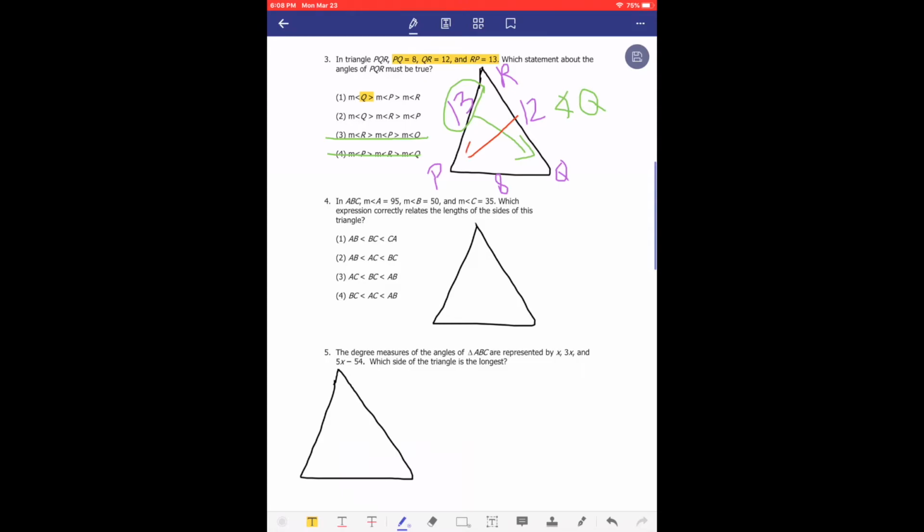The angle there is angle P. And then my smallest angle would be angle R, because that's opposite the 8, which is my smallest side. So you're looking for angle Q is greater than angle P, which is greater than angle R, and that is choice 1.